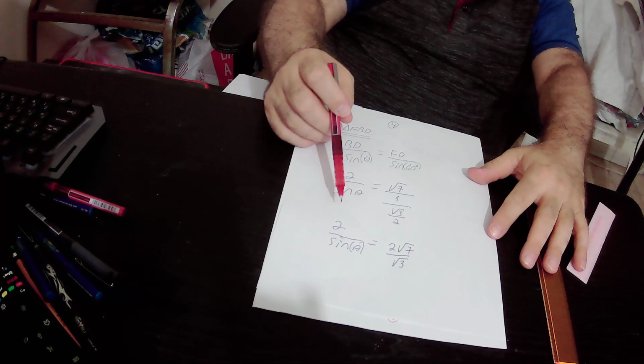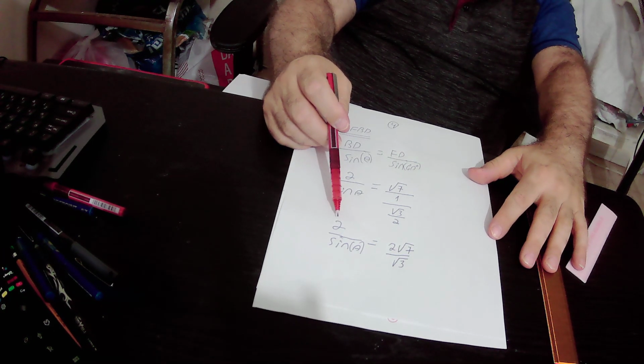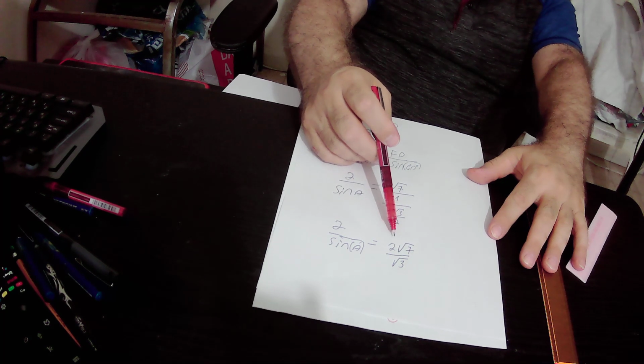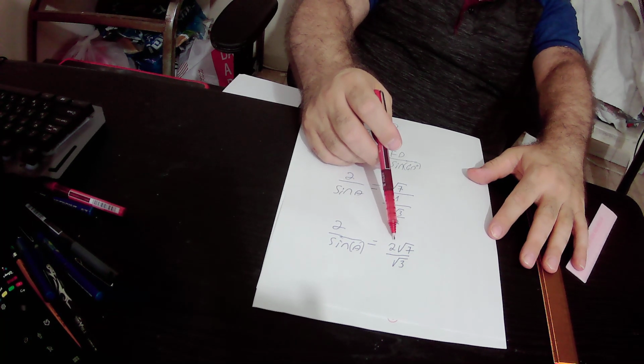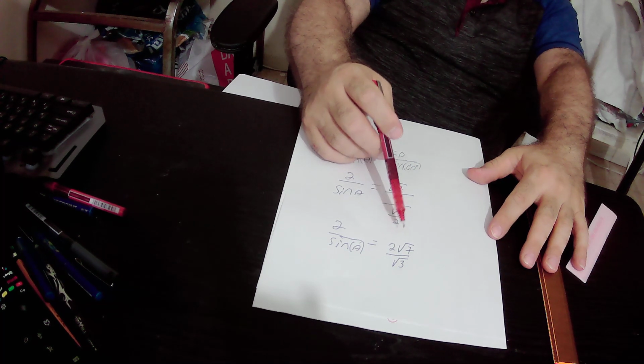Here we have 2 in the numerator of this side of the equation, and we have 2 in the numerator of the other side of the equation.